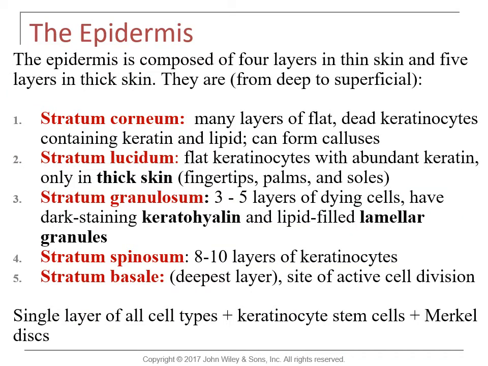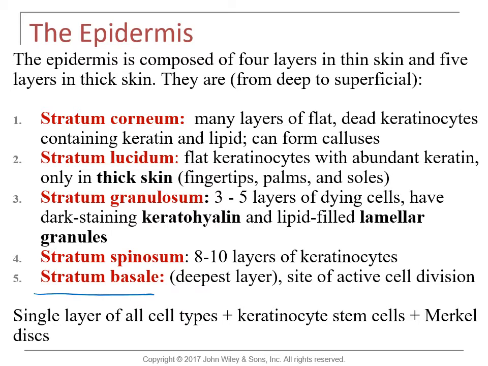The epidermis is composed of 4 layers in thin skin and 5 layers in thick skin. So we're going to talk about the different layers. First, I'm going to start with the bottom layer, which is the stratum basale.